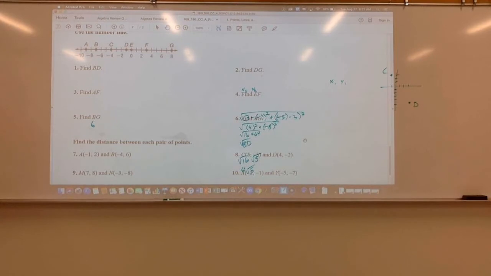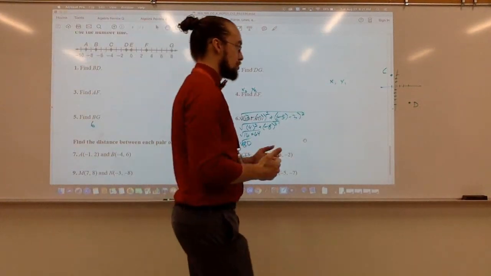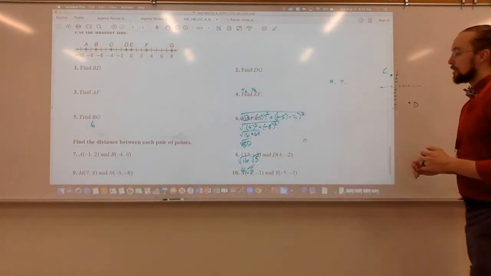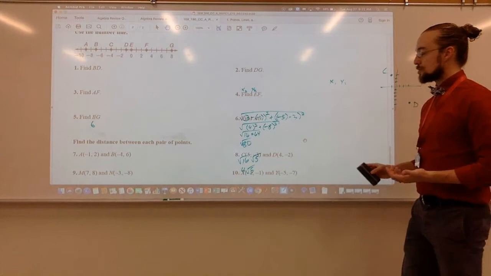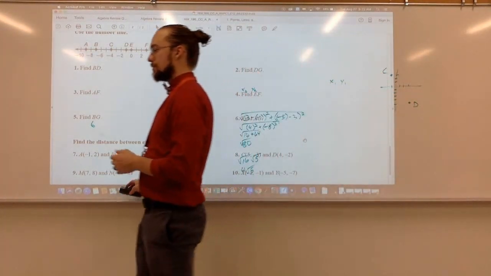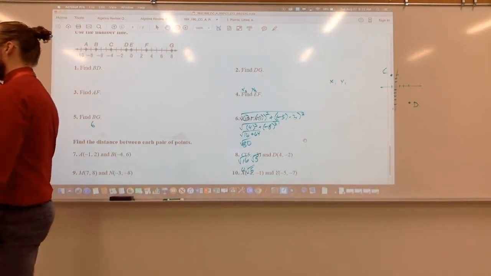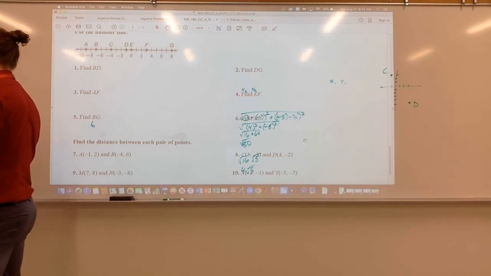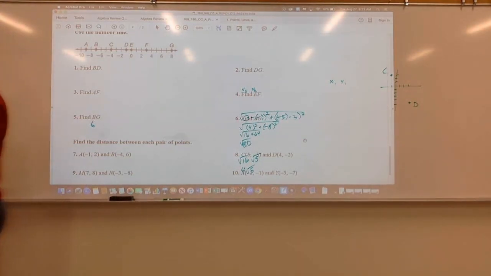Okay, 1 through 6 are hopefully really, really easy. And then 7 through 10, we're using that distance formula, okay, to determine the distance between points. So eventually, it doesn't have to be done for homework.